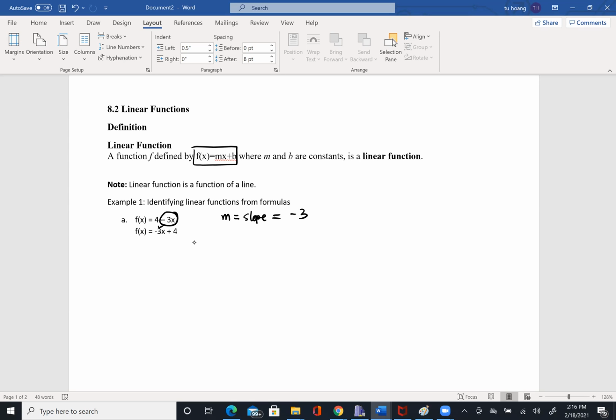Okay, and b, which is the y-intercept, but I will talk about that later. b in here is the number 4. So then f(x) = -3x + 4 is a linear function.